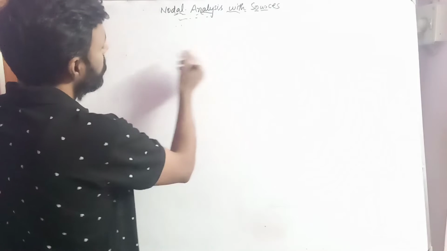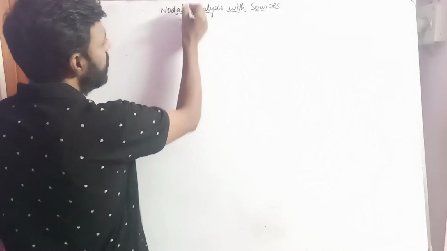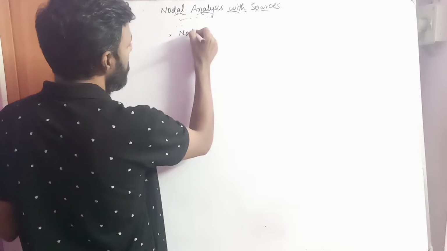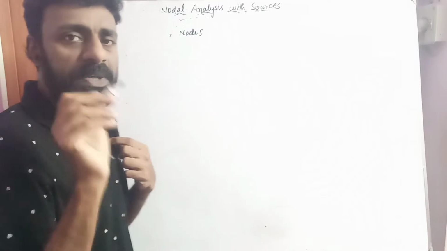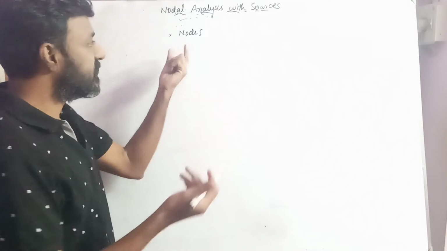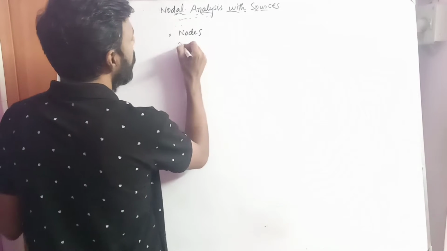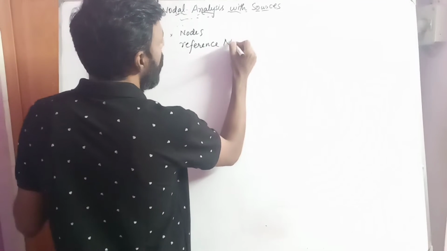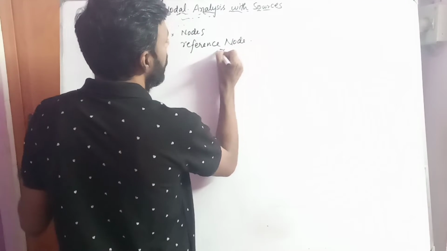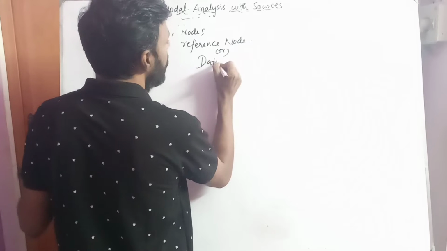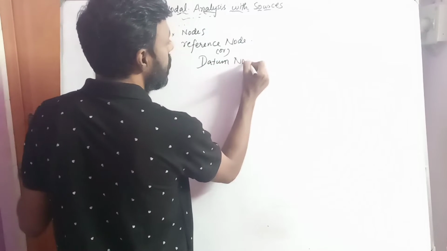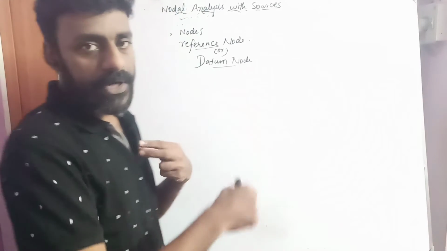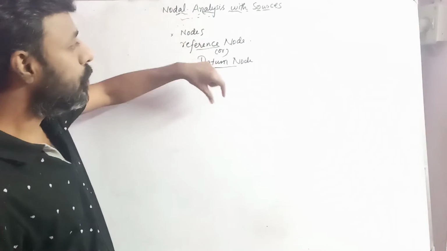In nodal analysis you have nodes, and you have one specific node which is exceptional, called the reference node or datum node. This reference node or datum node will be grounded, connected to the ground.